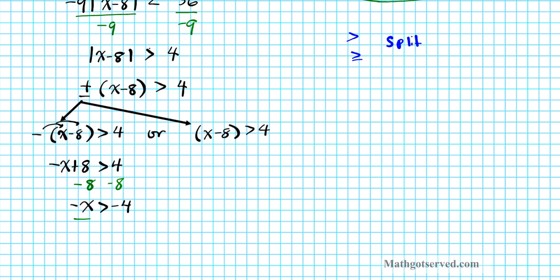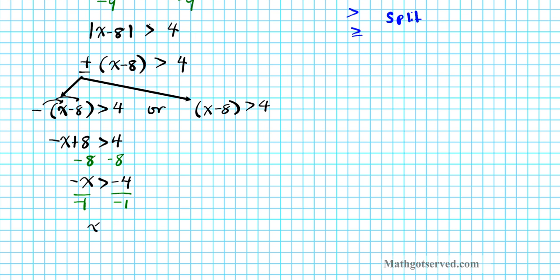So divide by -1, divide by -1. That yields x is what? Anytime you divide by negative, do not forget to switch the order of the inequality. Minus over minus is plus. Minus over minus is plus 4. X is less than 4. That is the solution of the first inequality.